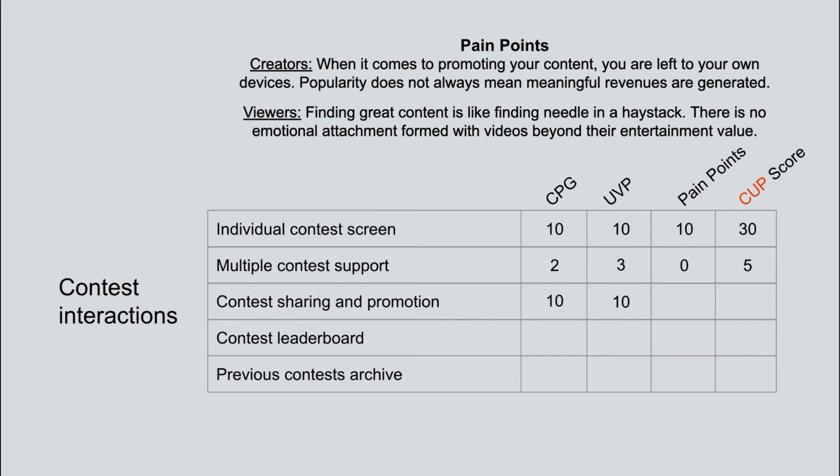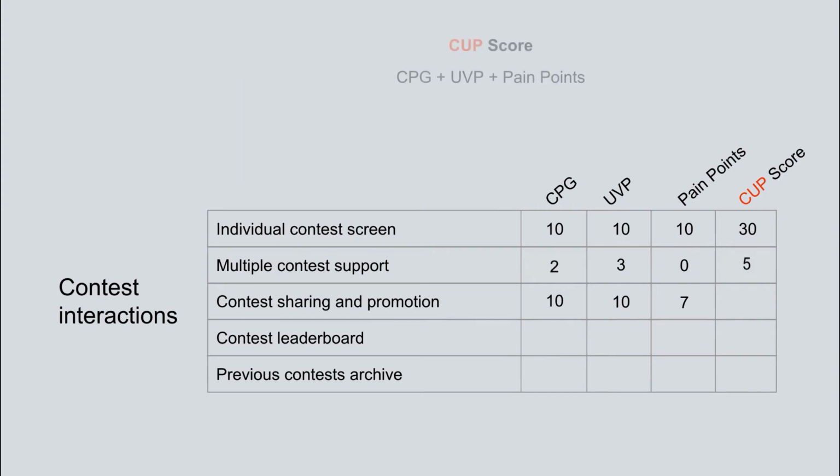Sharing a contest doesn't really help with that, or at least doesn't help directly with it. It might indirectly, like more people viewing it might help unearth hidden gems in the videos there. And there is no emotional attachment formed with the videos beyond their entertainment value. If you're sharing a contest, you're creating more emotional attachment for yourself with the contest and the videos that you like in the contest. So I'm going to give it a 7, not a 10, and that adds up to a 27.